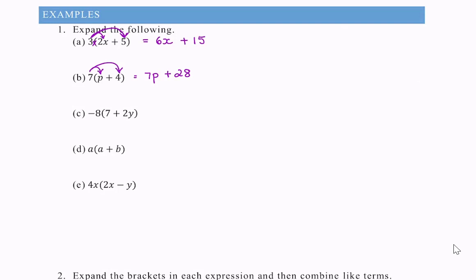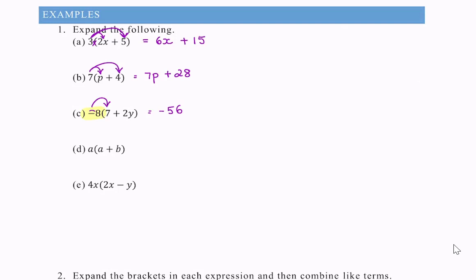Now, some strange things happen when we have a negative sign, and we need to remember all of our negative sign rules. So, 8 times 7 is 56, but it has a negative sign, so that is negative 56. Now I'm going to deal with the sign.